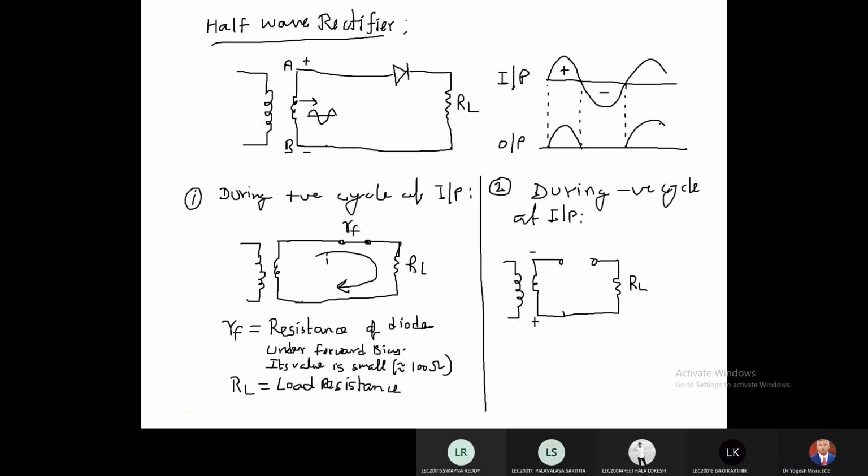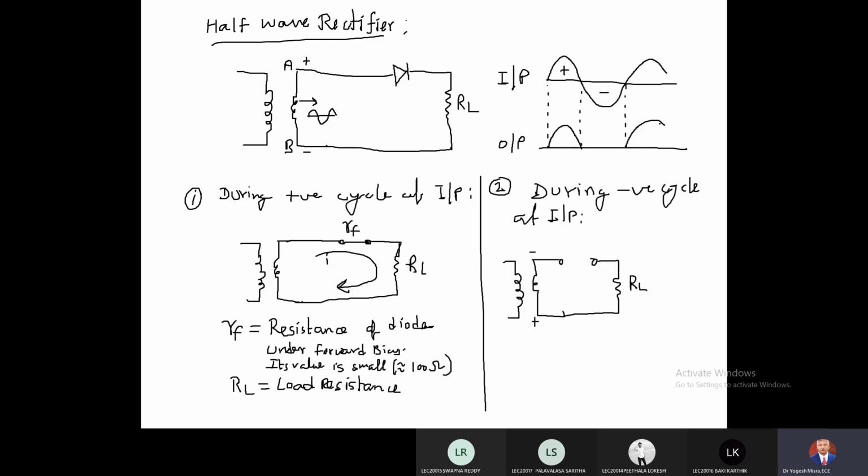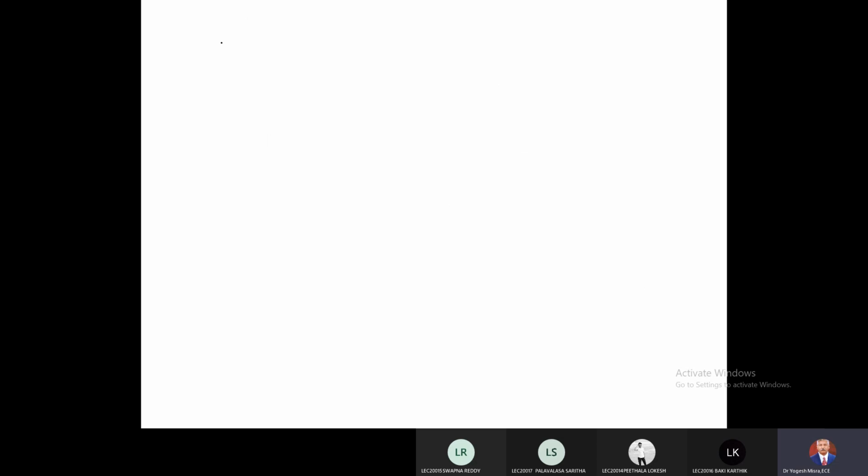Now we will find out the IRMS value in the half wave rectifier.